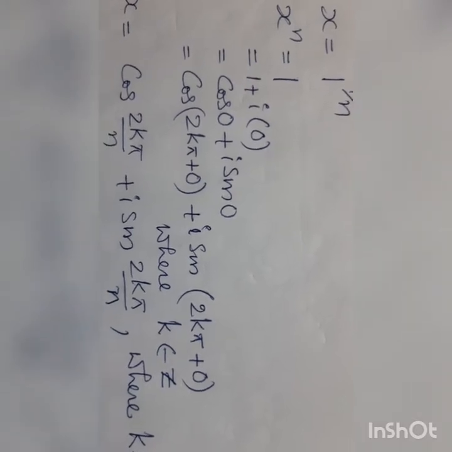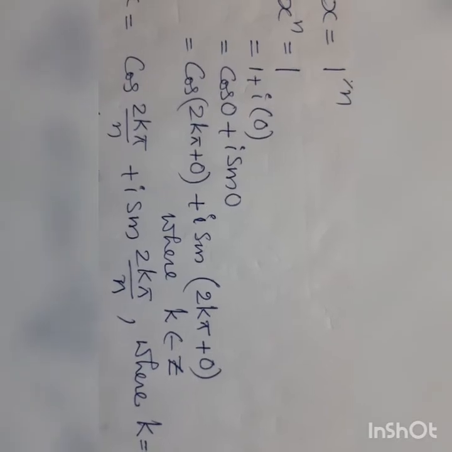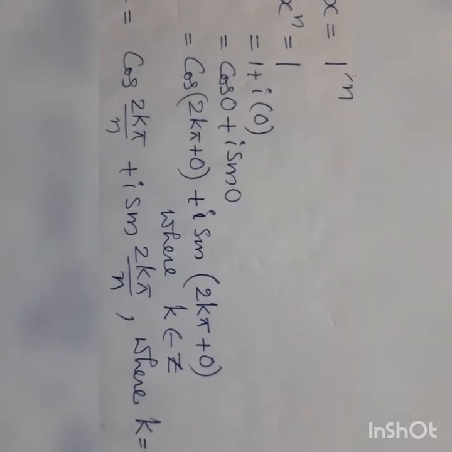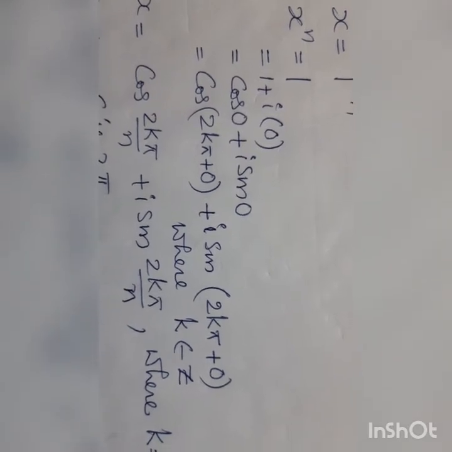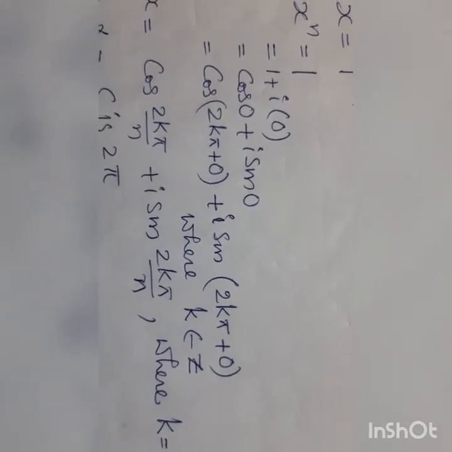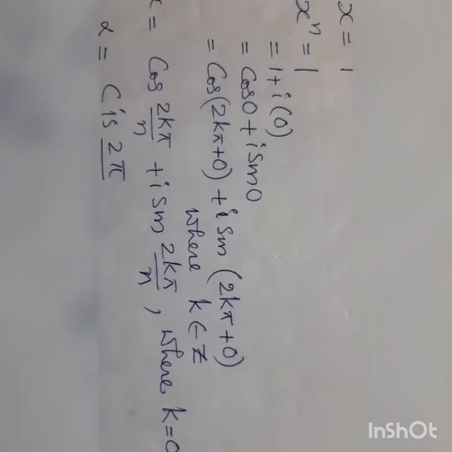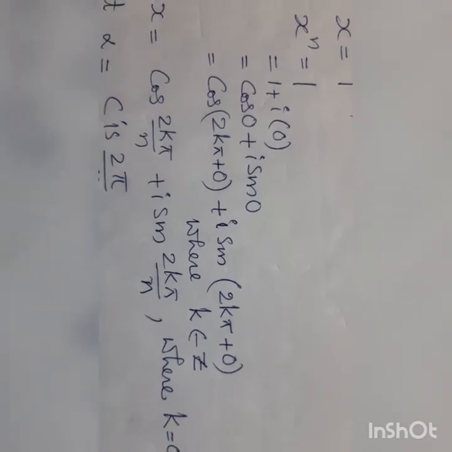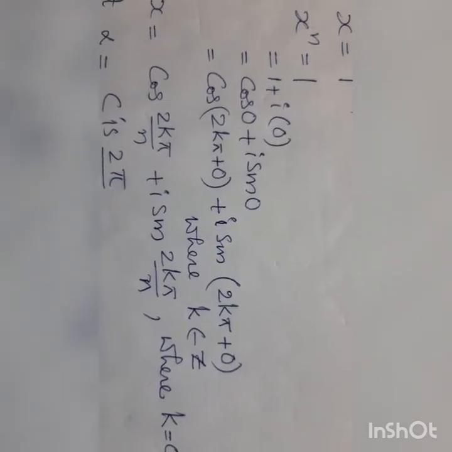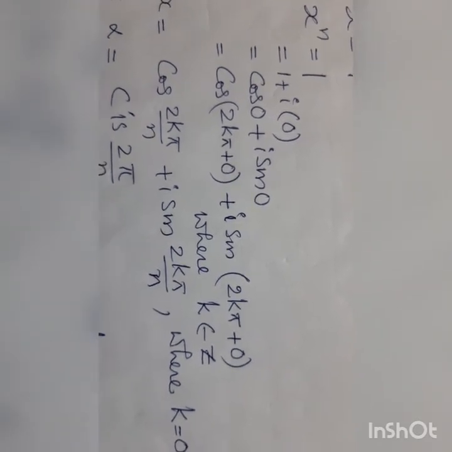1 can be written in the complex number form. 1 can be written as 1 plus i into 0, that is cos 0 plus i sin 0. That is in the polar form, a particular polar form. But you have to write the general polar form.